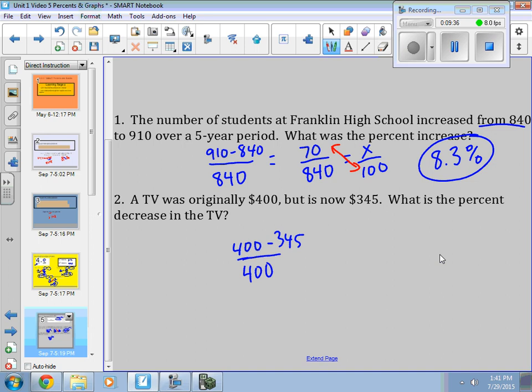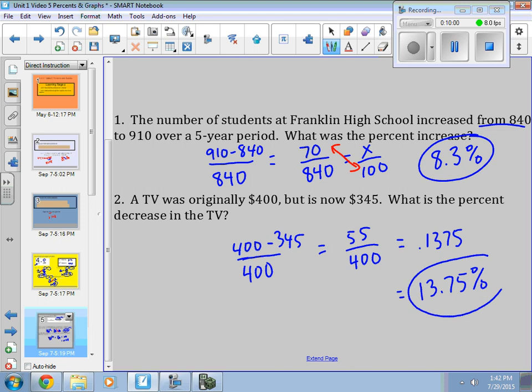And if you subtract that, that's 55 out of 400. So now change that into a percentage and you have the answer. If you divide them, it's about 0.1375, and if you change that to a percentage, then it'd be 13.75%. That would be the correct answer.